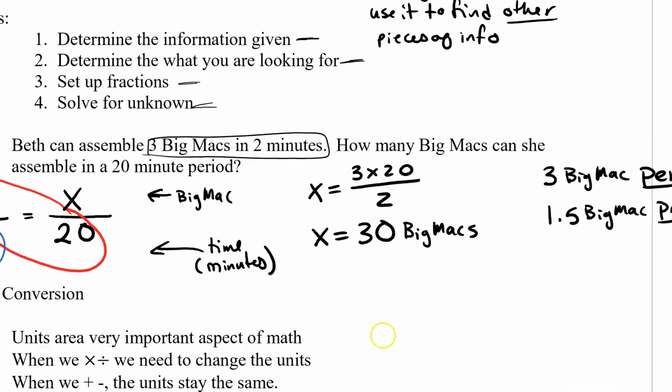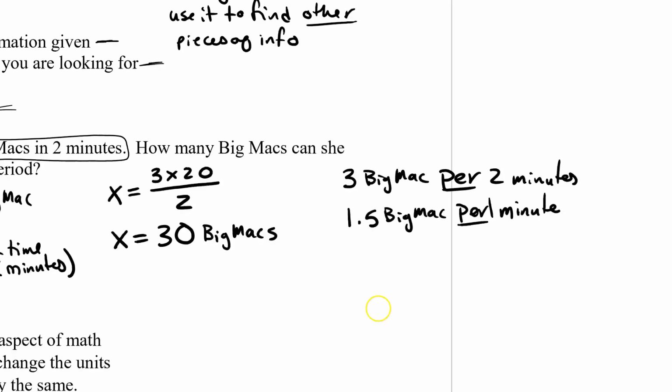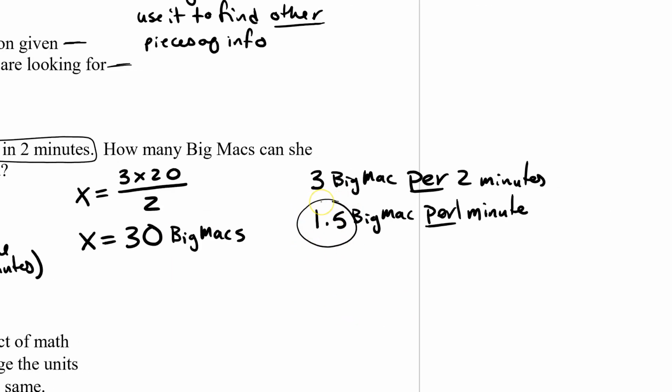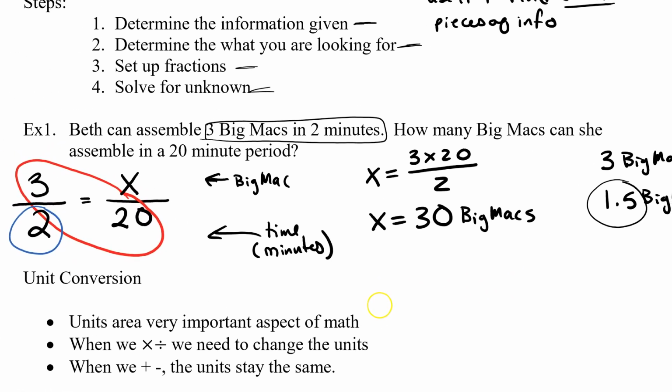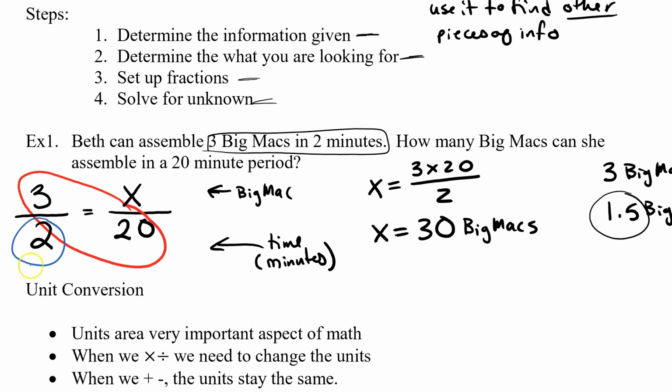So if I wanted to see how many she could make in 20 minutes, I would just multiply this unit, okay? And this is going to come up later in the unit. We're going to multiply it by 20, and we're still going to get 30. But this right here is the first one that I identified. This is always going to work, okay?